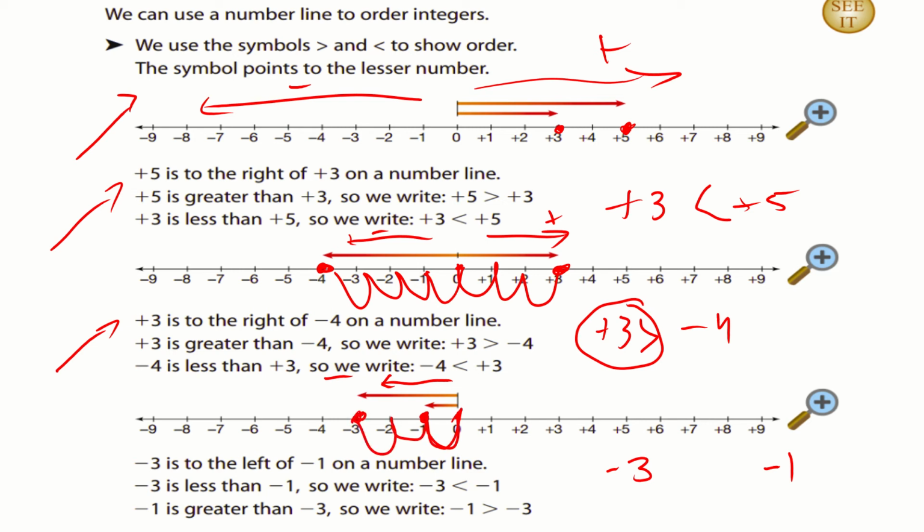So what you ask yourself is which one, if they're both negative, is closer to 0. Well, we're 1 spot here, we're 3 spots here. So negative 1 is greater than negative 3. The reason why is, this is a larger number, but because it's negative, it means it's farther away from 0. This one is very close, if you understand that.